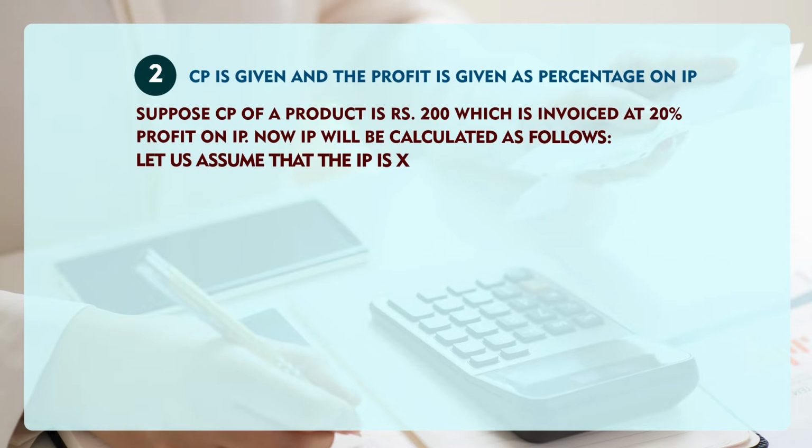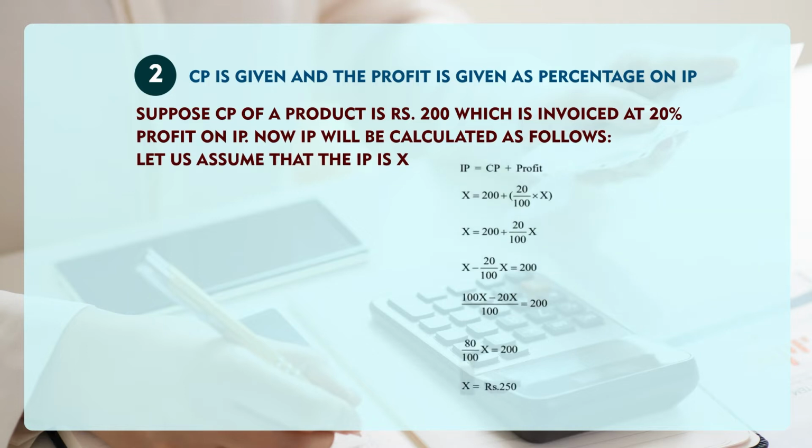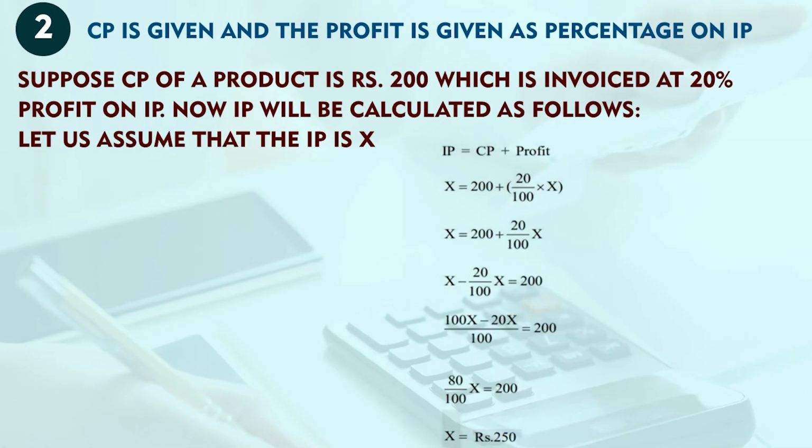Let us assume that the invoice price is X. The equation is invoice price equals cost price plus profit. Invoice price is X, cost price is 200, plus profit of 20% of IP. So 20% of X.